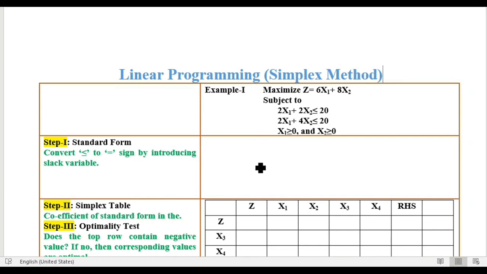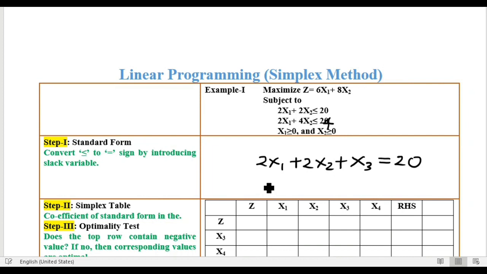Like here, we'll write 2x1 plus 2x2 plus x3, where x3 is the slack variable, equal to 20, and then here this one is 24.